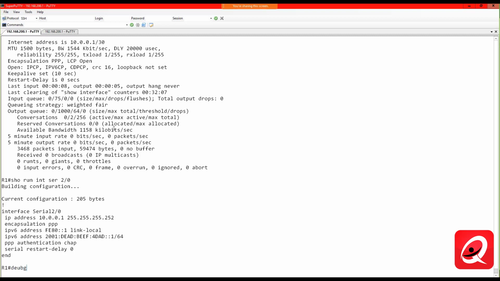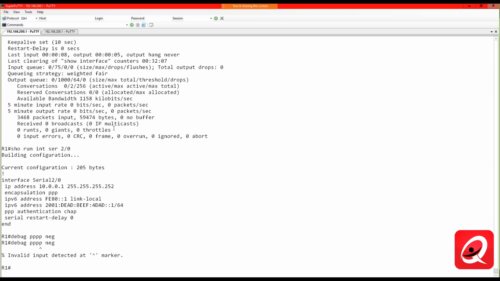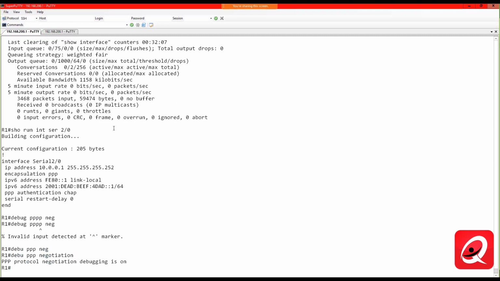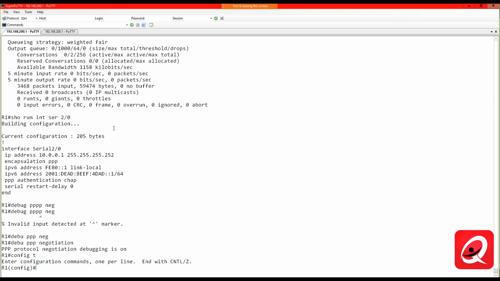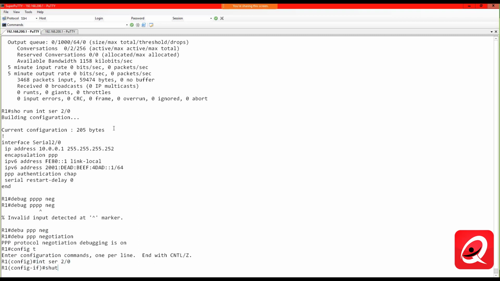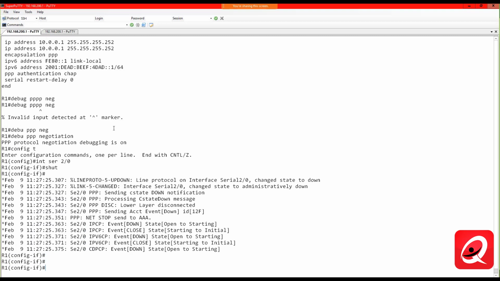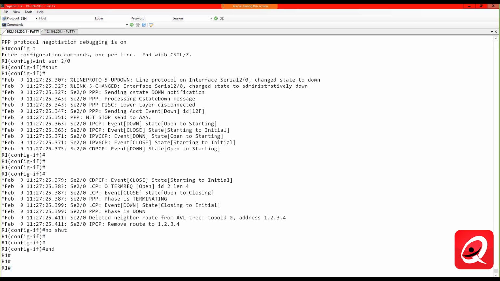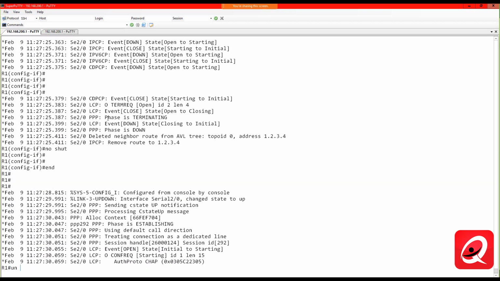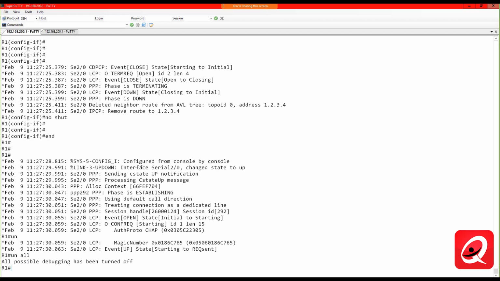Let me do a debug PPP negotiation. Sorry, debug PPP negotiation. And let's go into interface serial 2.0, do a shut, and a no shut. Undebug all.